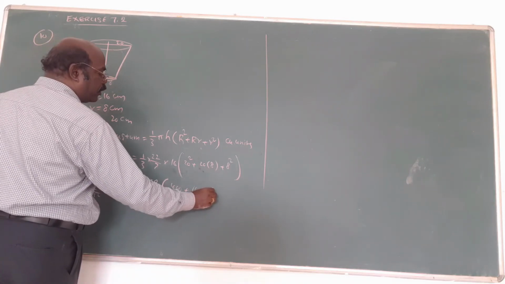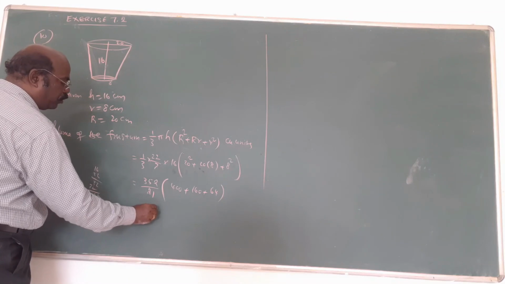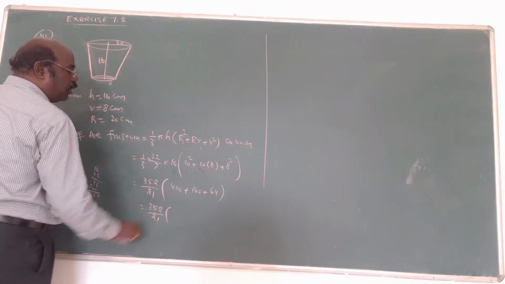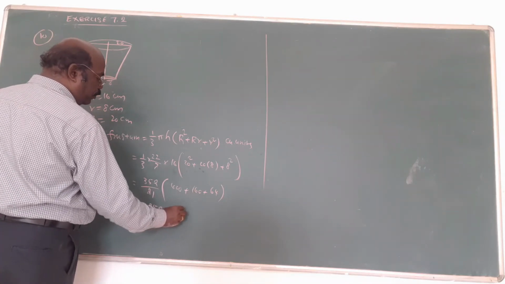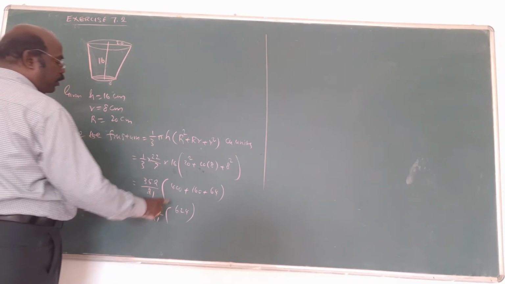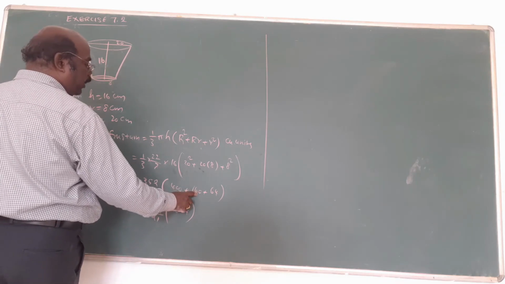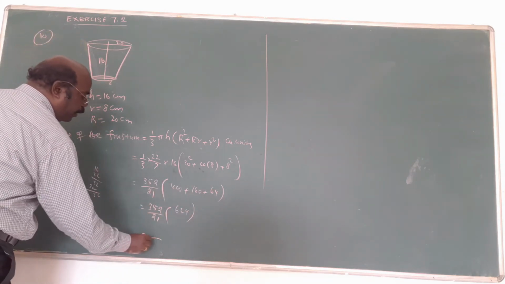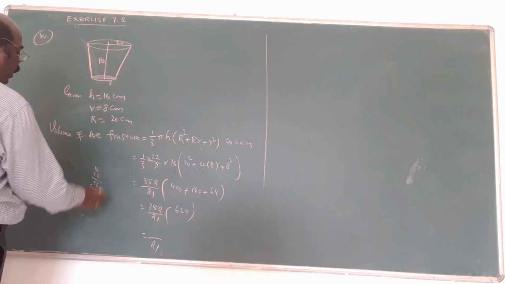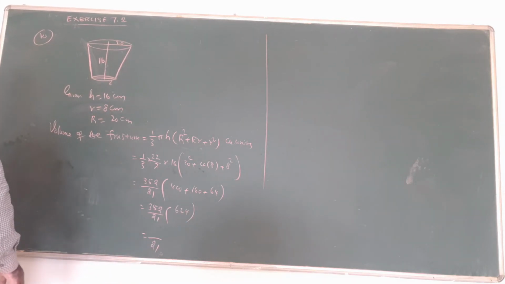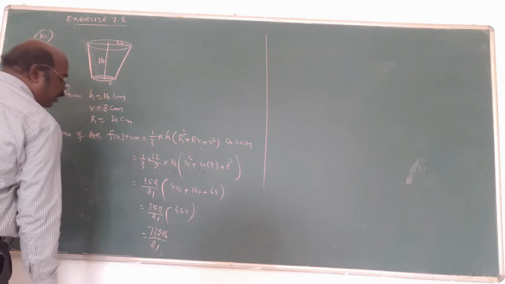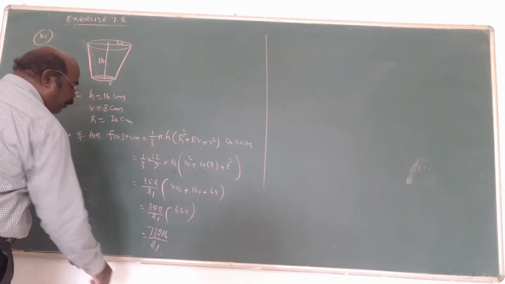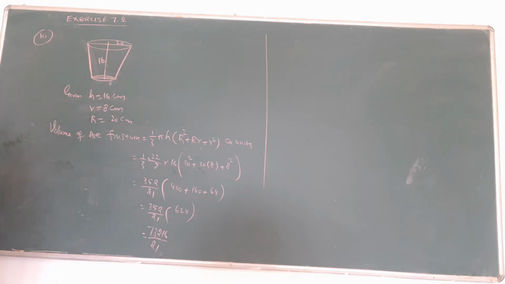Capital R small r is 160. Small r square is 64. Adding all the values, 400 plus 160 plus 64 is 624. Again multiply 352 into 624, we get the answer 73216 over 21.